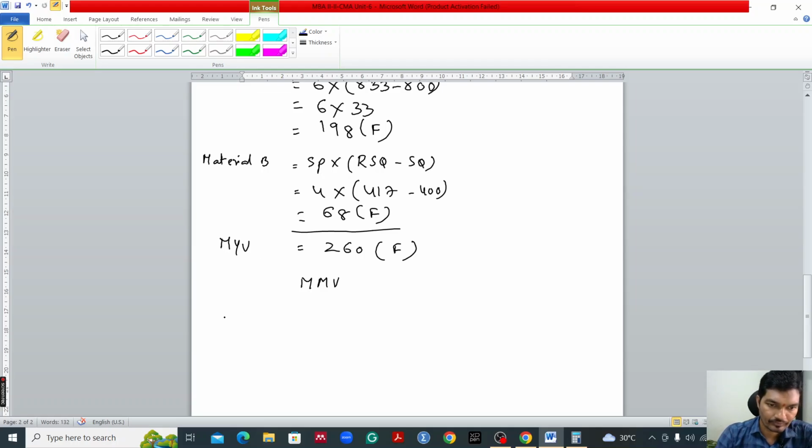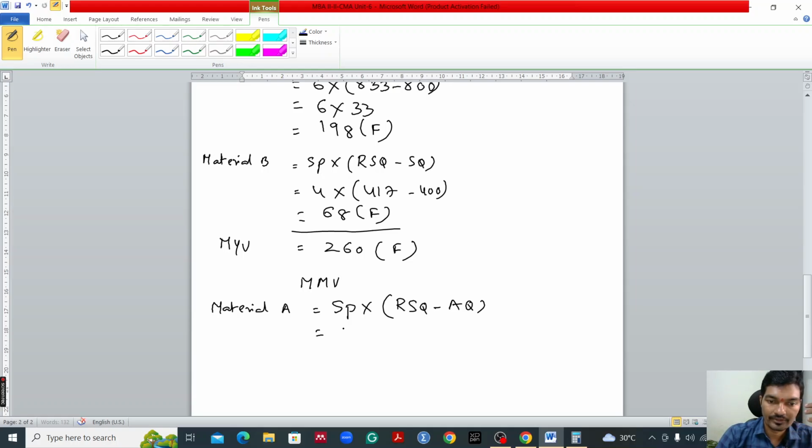Here for material A, the formula is standard price multiplied with revised standard quantity minus actual quantity.